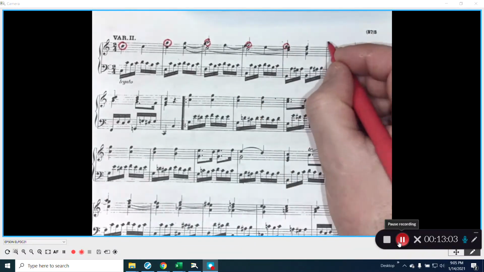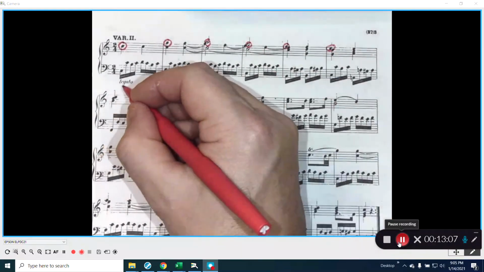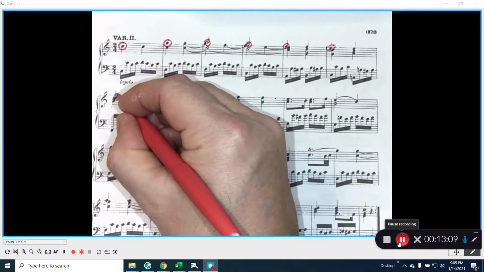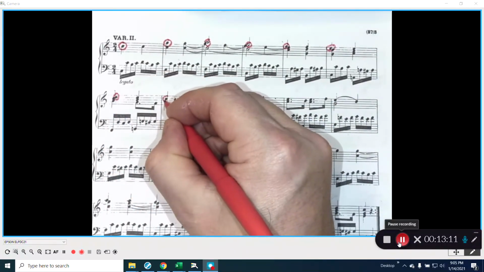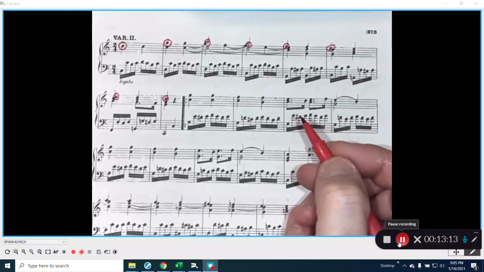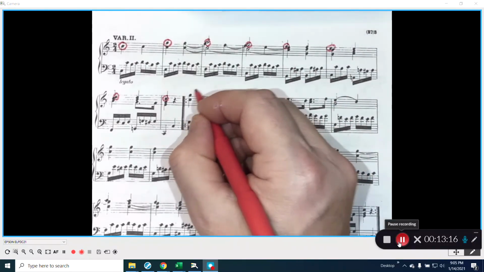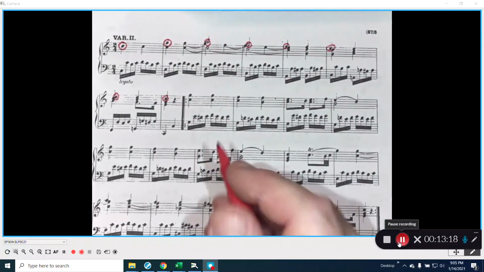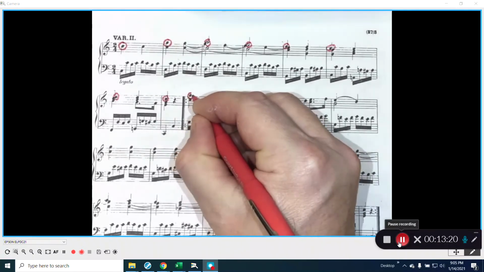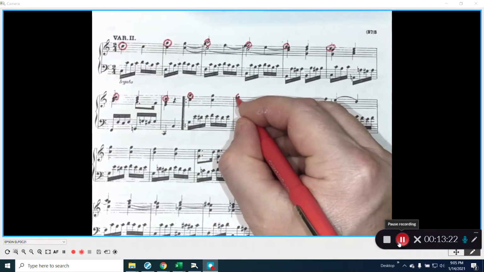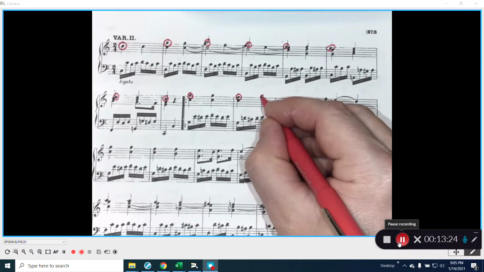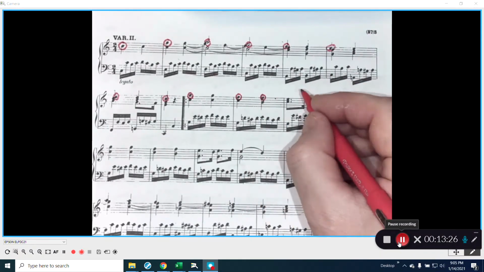So, but they are there in the places we expect to find them. And we won't do them all. I think you can do some of these on your own at this point, but let's just circle. I didn't have to circle that one.